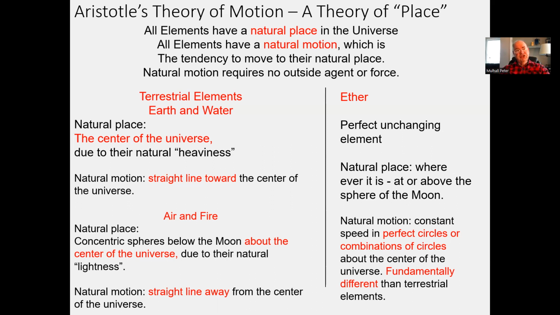Nothing ever changes in the heavens. It can't. Otherwise, it wouldn't be perfect. Otherwise, it wouldn't be this eternal thing that has been from time immemorial. So there's nothing ever changing in the heavens, at the moon or above.